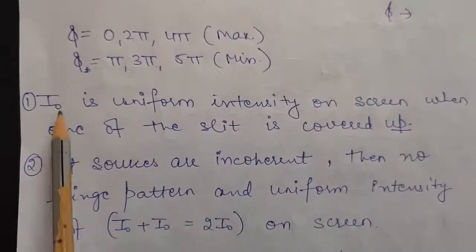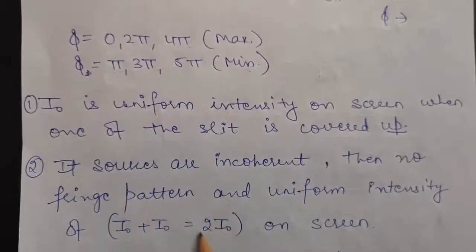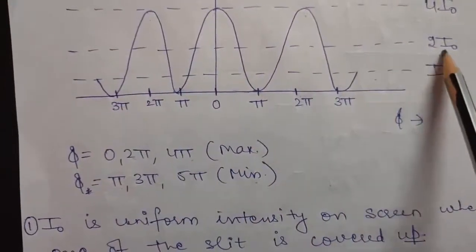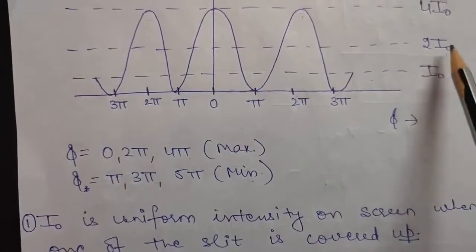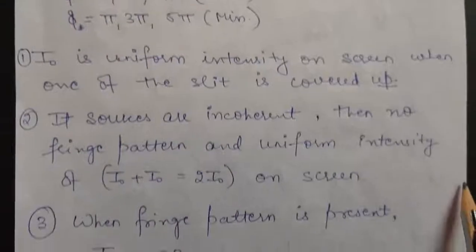From one slit, uniform intensity is I0. So due to two slits, the uniform intensity will be 2I0 on the screen. This will be the uniform intensity on the screen when none of the slits is covered but the sources are incoherent. Okay, now this was your second point.